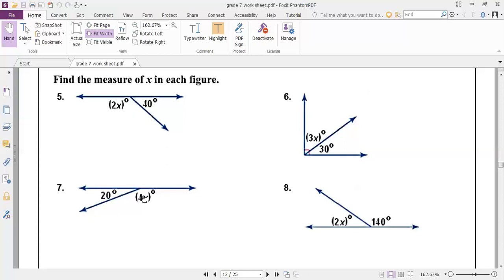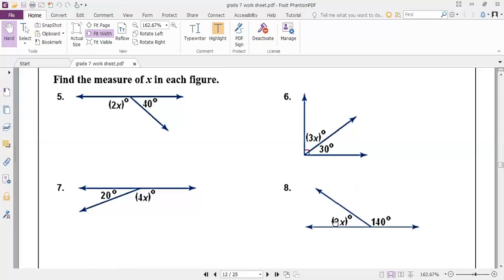After that, I will divide it by the number which is the coefficient of x. 160 divided by 4 equals 40 degrees. So the value of x here, Saleh, is equal to 40 degrees.